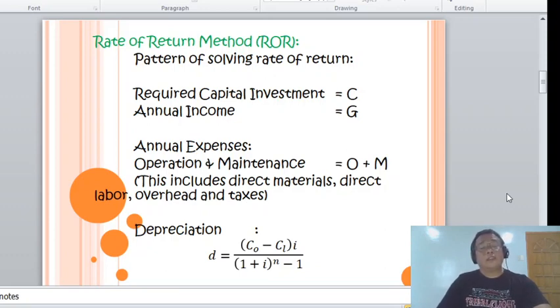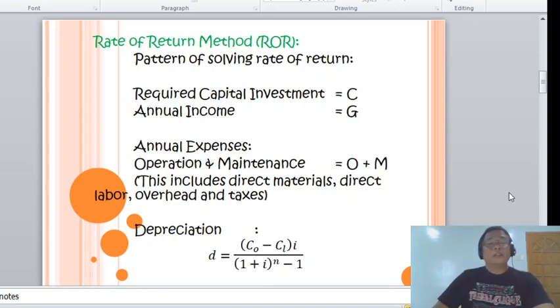Another is the annual expenses, operation and maintenance, abbreviated as OM. This includes direct materials, direct labor, overhead, and taxes.